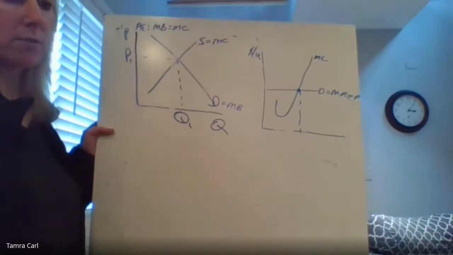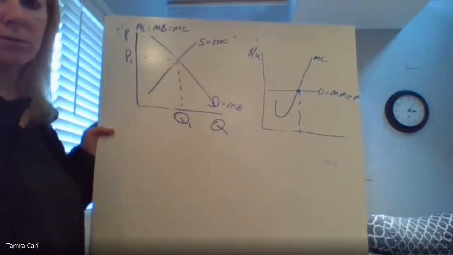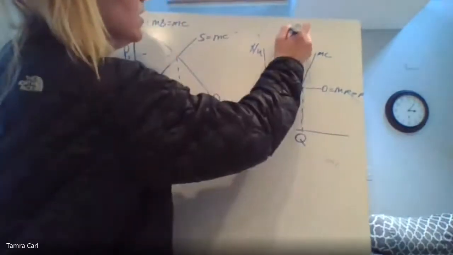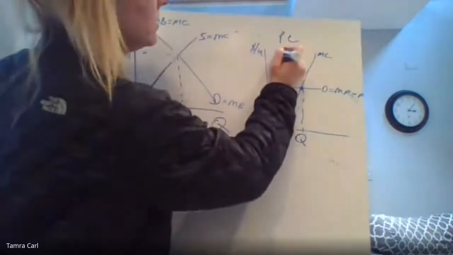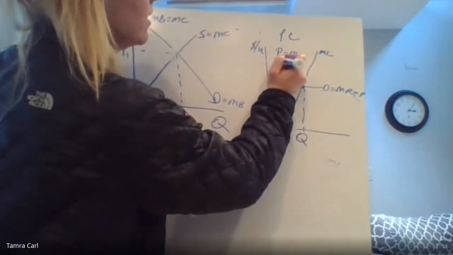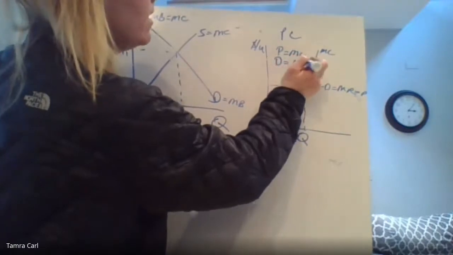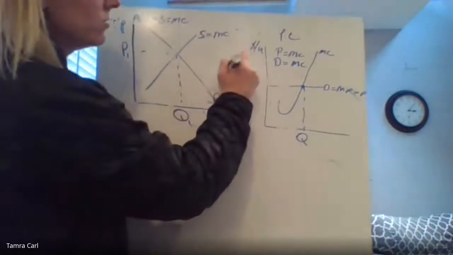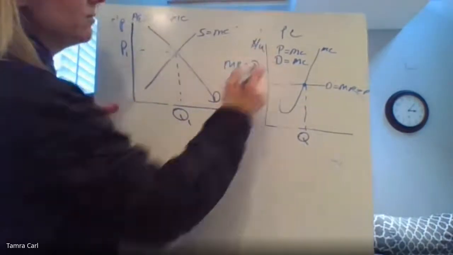Their price equals their marginal revenue, and they always produce where marginal revenue equals marginal cost. So a PC firm is always allocatively efficient, and the reason why is because my marginal revenue equals my demand.